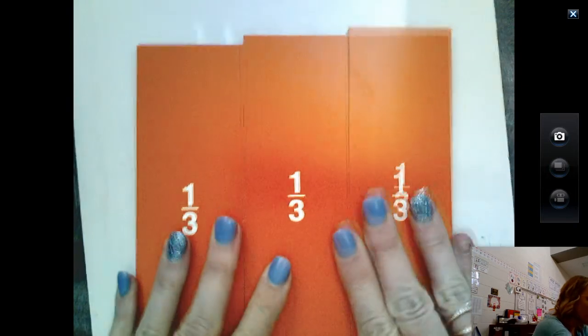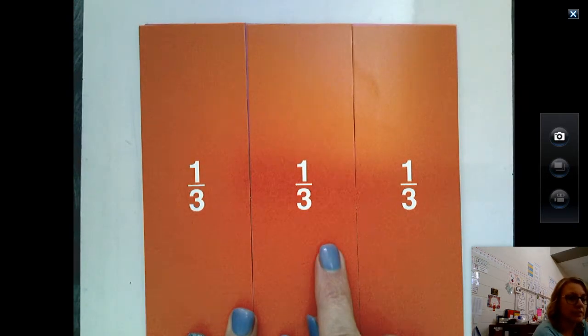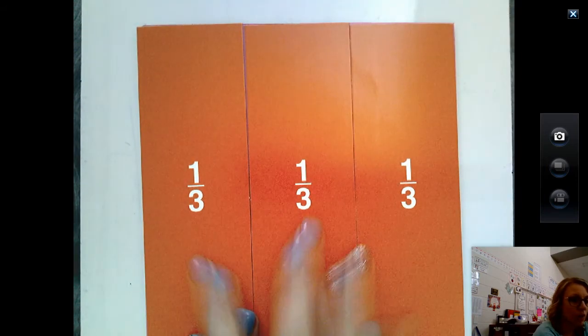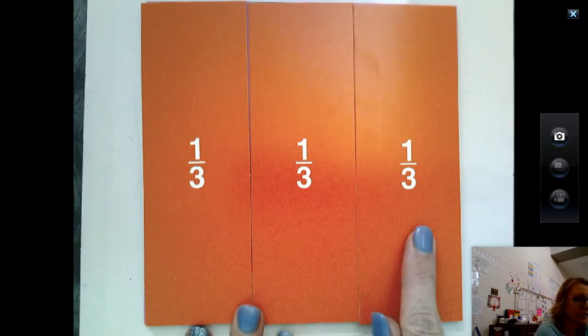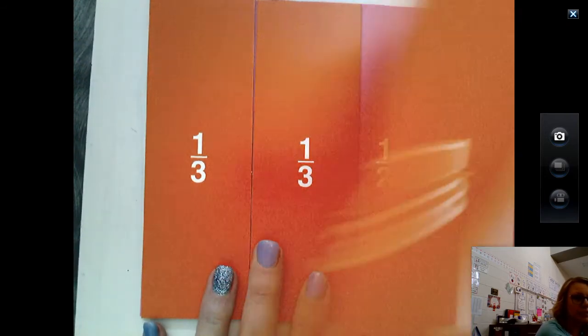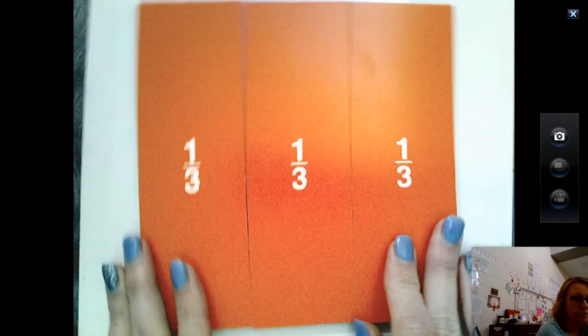I would have thirds. 1/3. I took that same whole square and I've divided it into 3 pieces. 1, 2, 3. So this one piece is 1 out of 3, so it's 1/3.